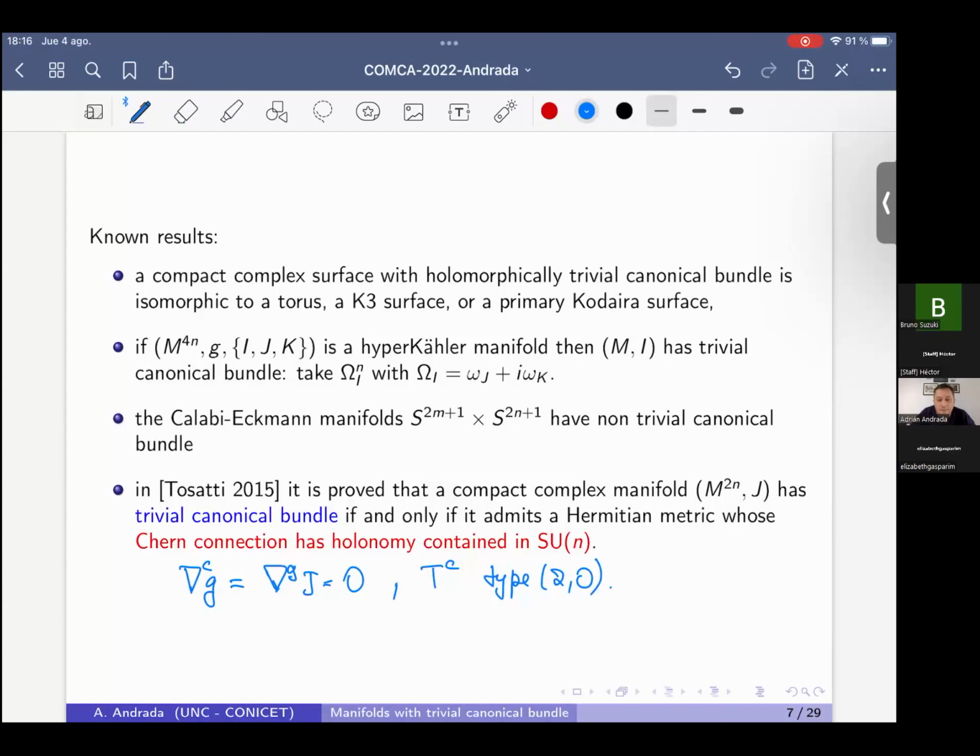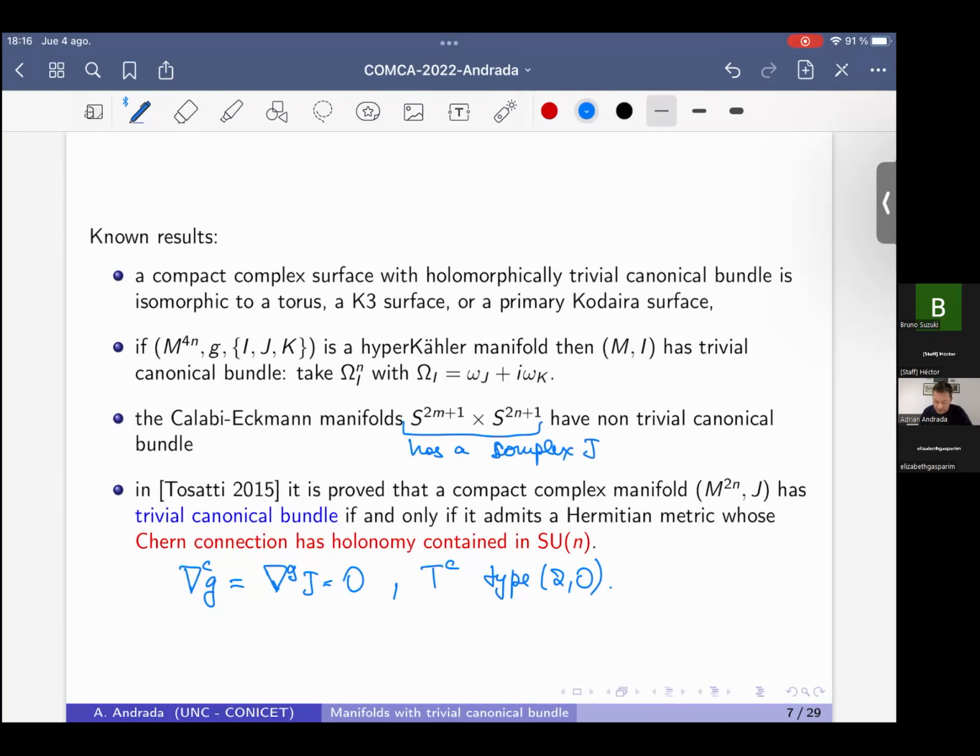Adrian, sorry, I'm confused. For the case of the product of the odd spheres, I don't quite understand the canonical bundle. I know canonical bundles only for complex stuff. Oh, this has a complex structure J. This is a complex manifold.